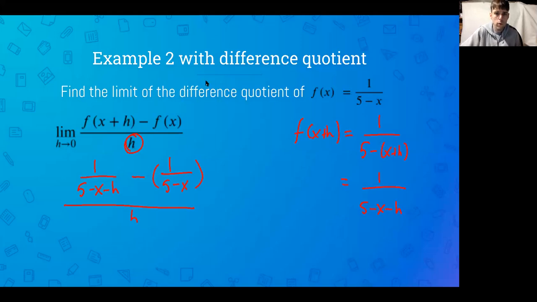Okay, so what we're going to do is try to get rid of these less pleasant fractions. So we're going to multiply the top and the bottom of this by the lowest common denominator, which is actually just going to be both denominators. Not ideal, but that's what we're going to be doing. So we're going to be multiplying by 5 minus x minus h and times 5 minus x. Got to do that on the top and the bottom.